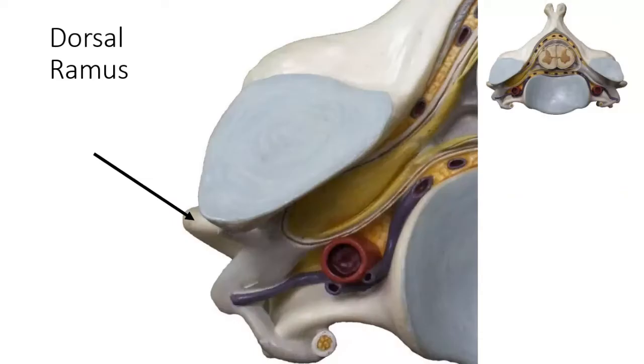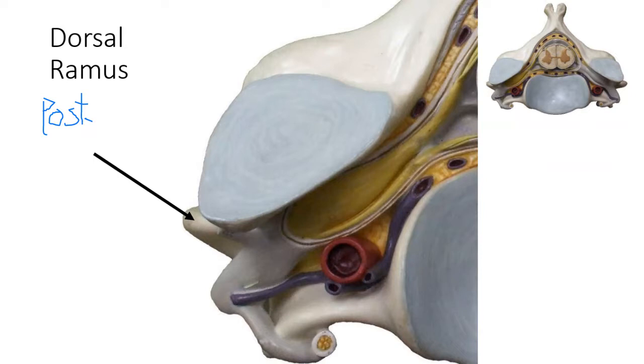The first branch that it gives off that goes up towards the back is the dorsal ramus, also known as the posterior ramus. And that little branch, it's a small branch, is going to innervate the skin on your back and the deep muscles of your back.